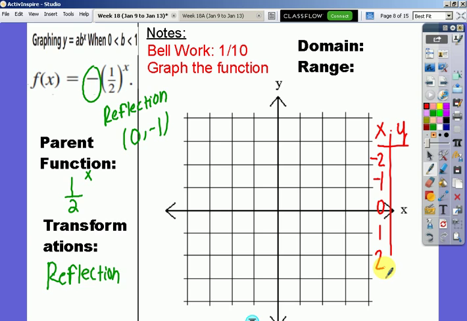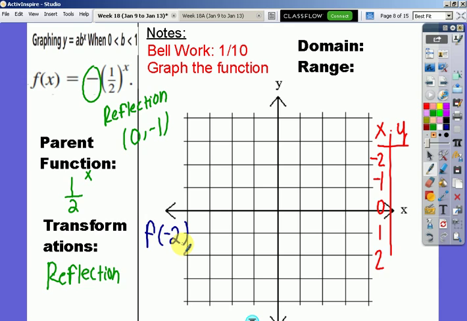Again, we use those values because it lets us know what's happening at the origin, as well as a couple points to the left of it and a couple points to the right of it. At this point, it's just a matter of making sure that we can evaluate correctly, we remember our signs correctly, etc. So I'm going to find f of x whenever I plug in -2.